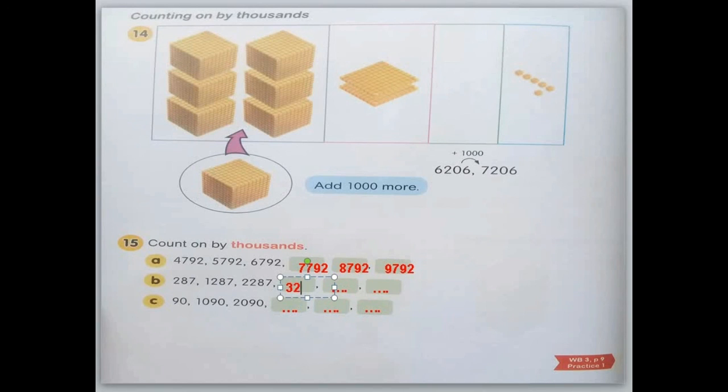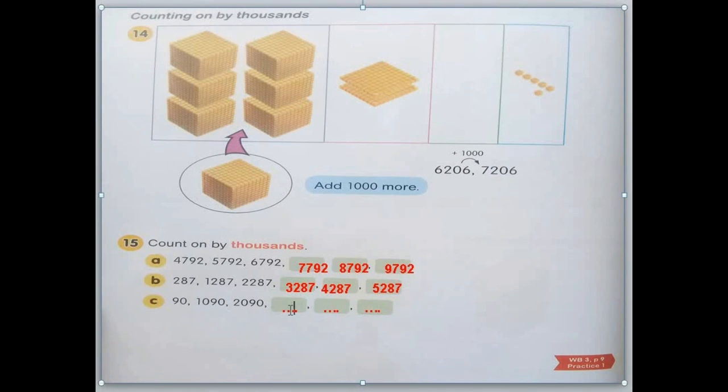The rest of the number is the same, right? So after 3,287, you will have 4,287. How about this? 5,287. Is it easy, guys?